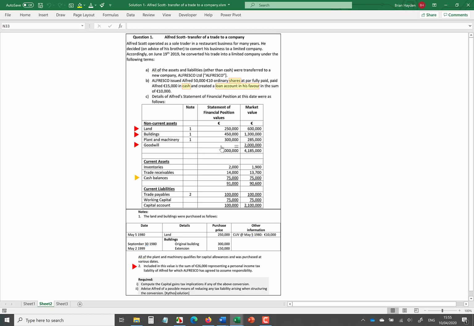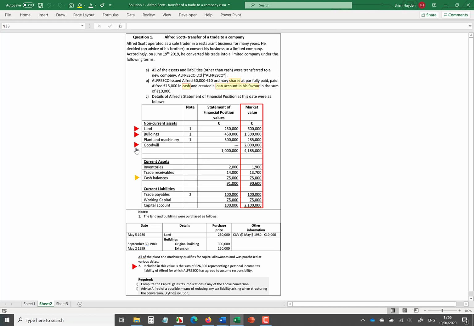They're essentially irrelevant for the purpose of what we're going to be doing. What we have to look at is the market value. This column gives us all the values of the assets when it comes to calculating any gains or losses. So you can disregard the accounting values. It's the fair market value of the items at the date of the transfer.